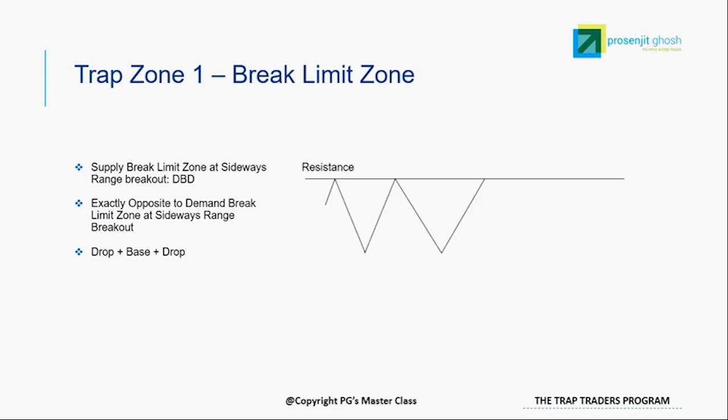So there is a sideways movement of the chart, there is a resistance, there is a support, and price is moving in a sideways range. Here what do we look for? We look for a breakout of the support and not the resistance, because we are looking for a supply. So what happens when price breaks a support?